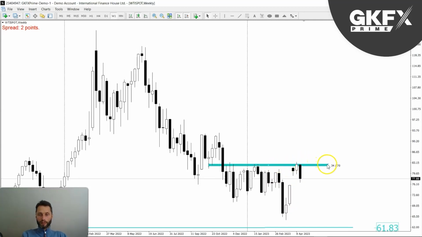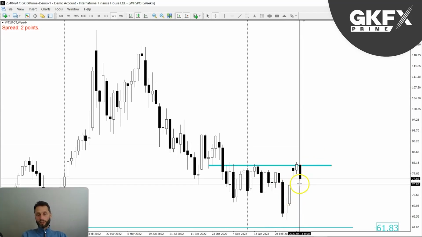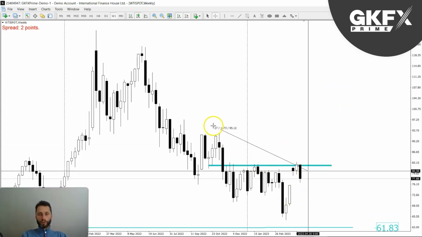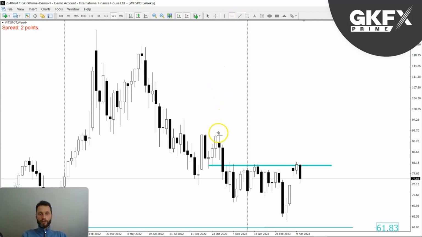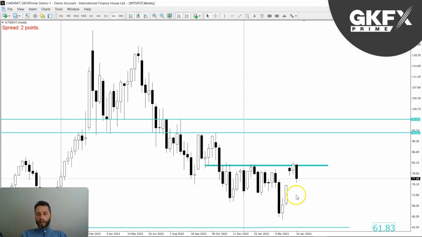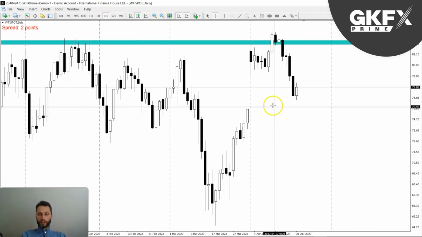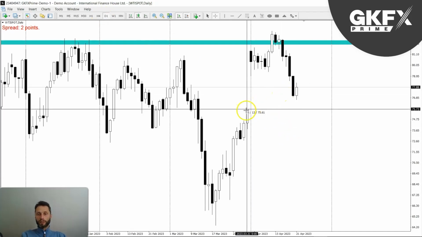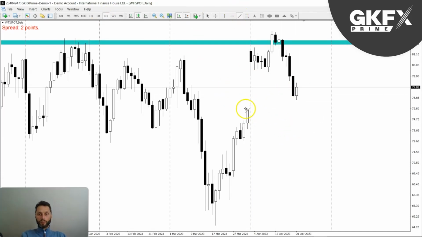Here's that level of reference that we had, and we're looking for the market to continue its bullishness to break through that and reach the next levels, which is here, and this obvious swing as well. At the moment we have no swing, no clarity, and we are just coming down to fill the gap. As you can see, we haven't filled this gap yet here. This is the point of the gap.